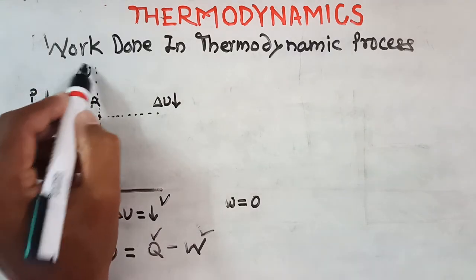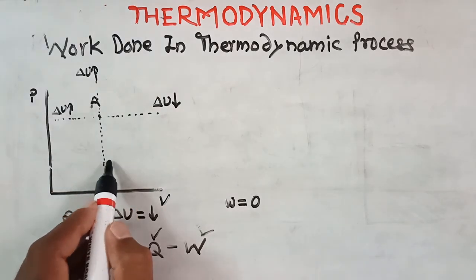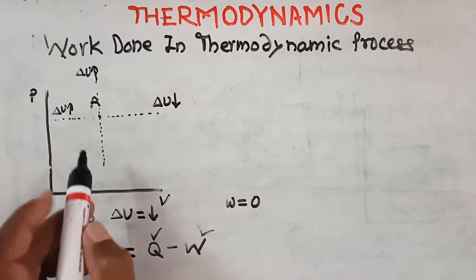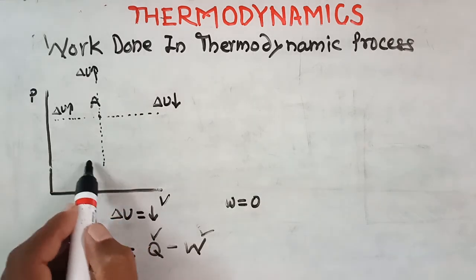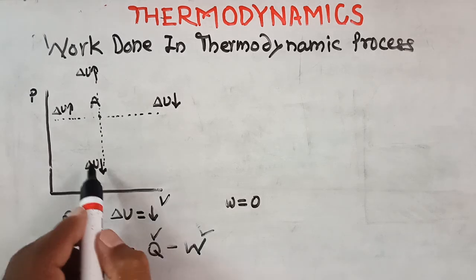So in this direction del U increases, and if we go in this direction, the pressure decreases. That means the heat supplied to the system decreases.